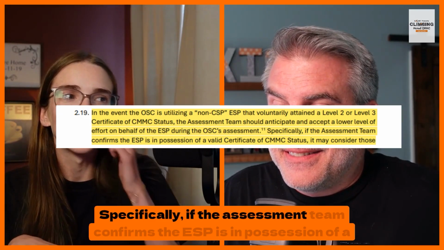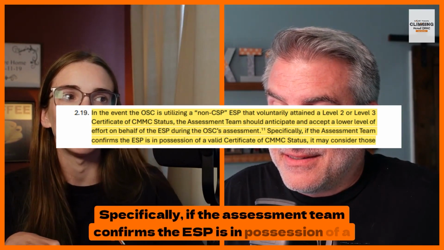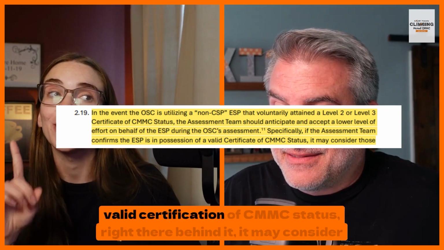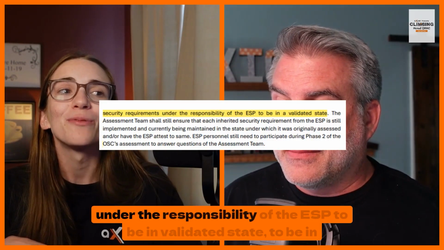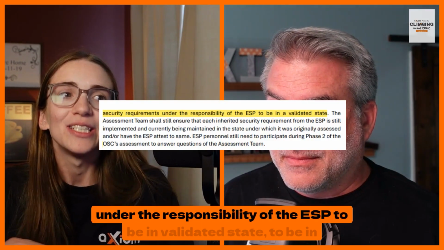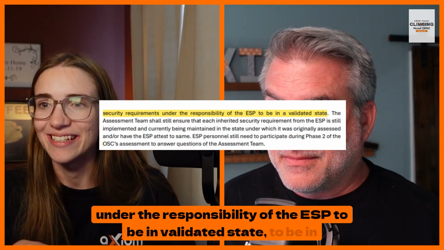Specifically, if the assessment team confirms the ESP is in possession of a valid certification of CMMC status, it may consider those security requirements under the responsibility of the ESP to be in a validated state.